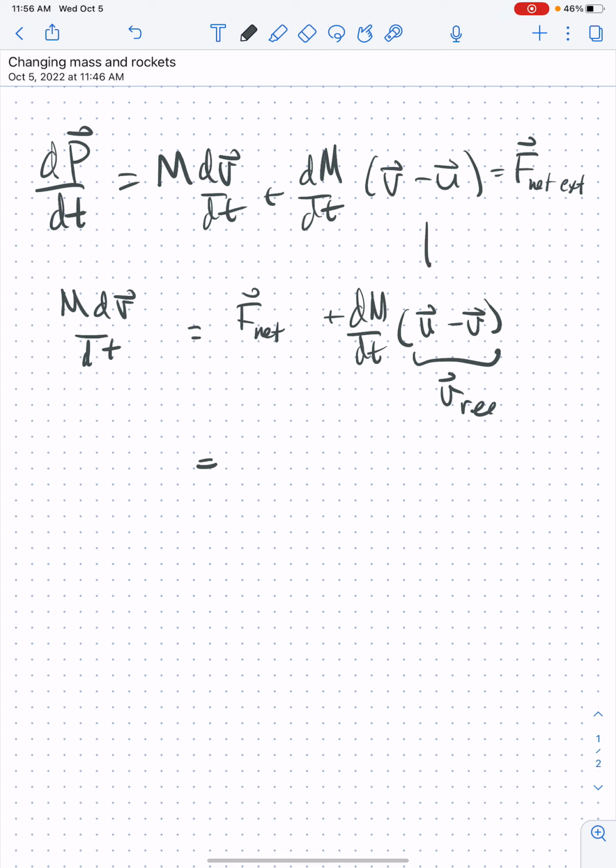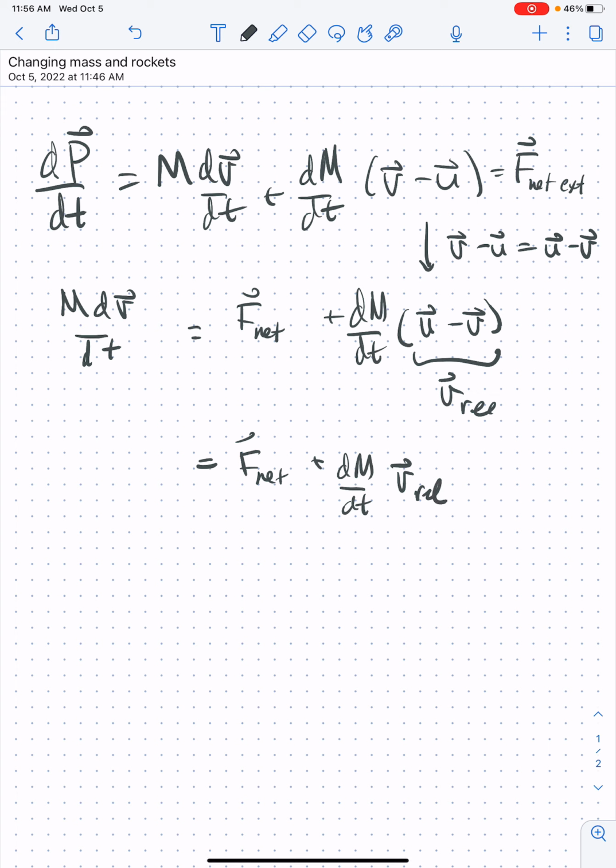And I've rearranged here to change the order when I moved it to the other side. So that means that this is F net plus dm/dt v relative, okay?